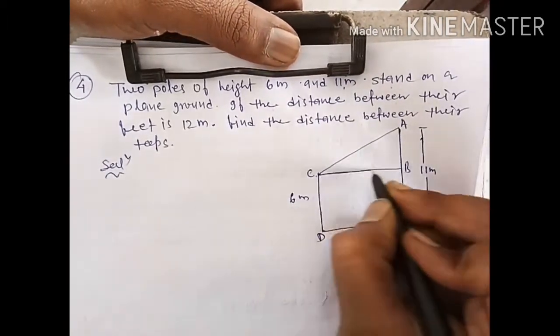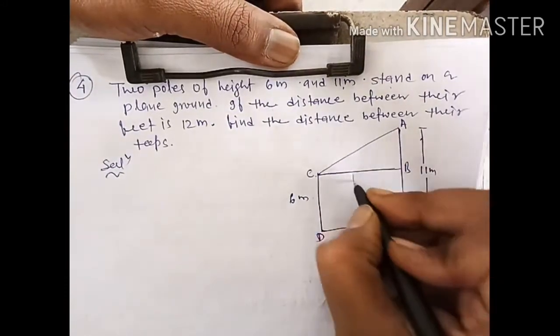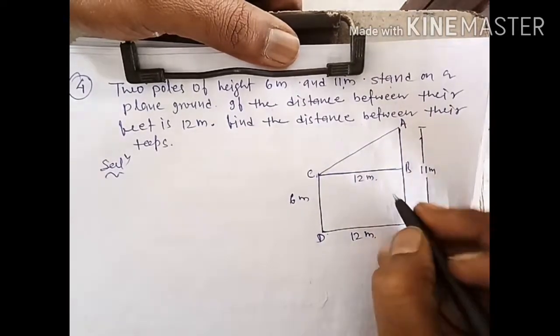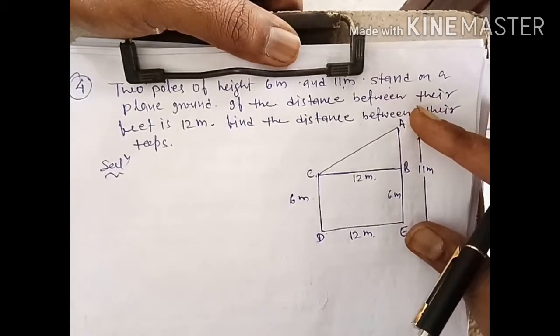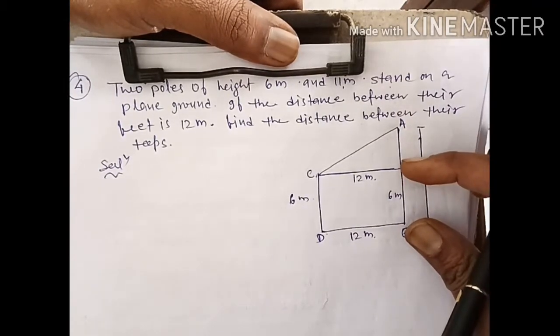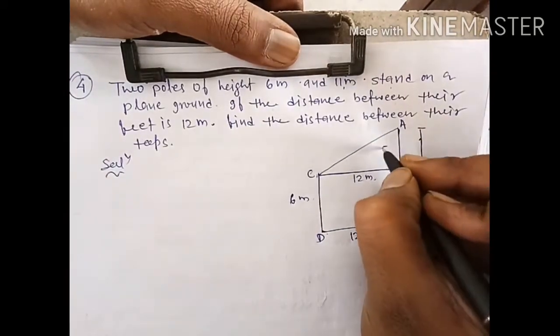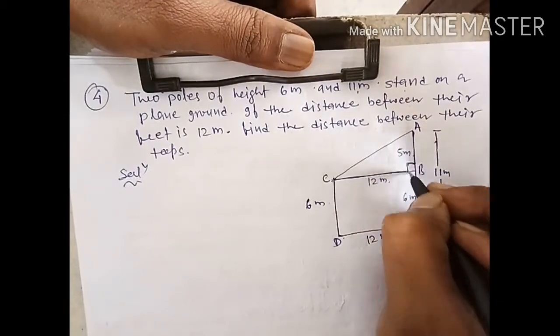Here length of DE and BC are equal. So BC is also 12 meter. Here CD is equal to BE, so this is 6 meter and the whole length AE is 11 meter. So length of BE is equal to 6 meter. So length of AB is equal to 11 minus 6, that is 5 meter. And here the angle is right angle.